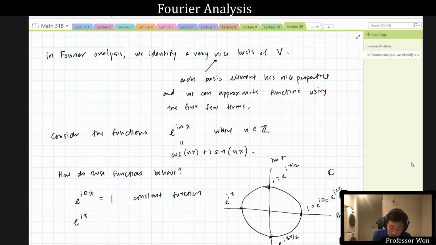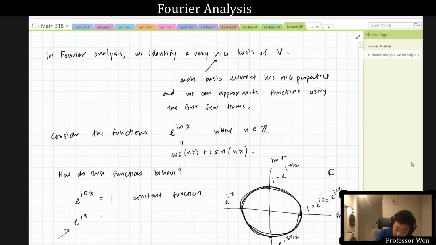So what does this function do? e to the i x, as you vary x, wraps around the unit circle. Right, so when x equals 0, it spits out this point. As you increase x, it goes in this counterclockwise direction. As you decrease x, it goes in the clockwise direction.